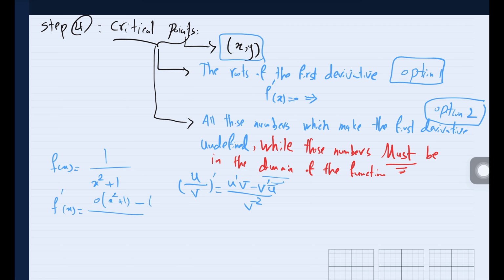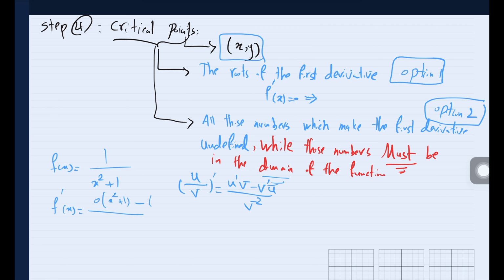And in the other option, if b is 0, then a over b is going to be undefined.